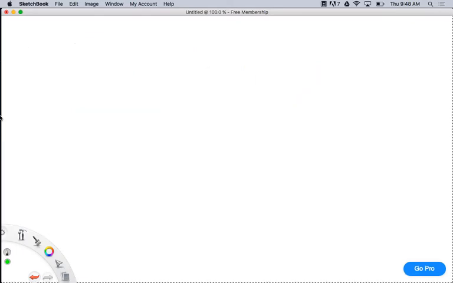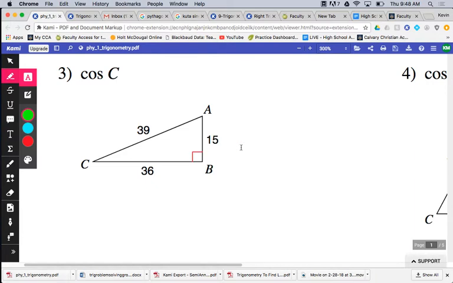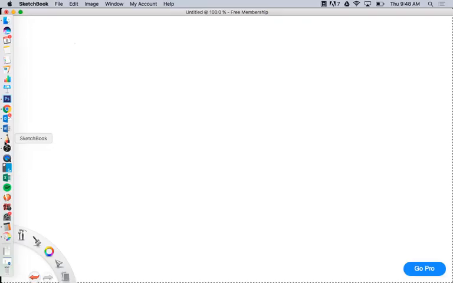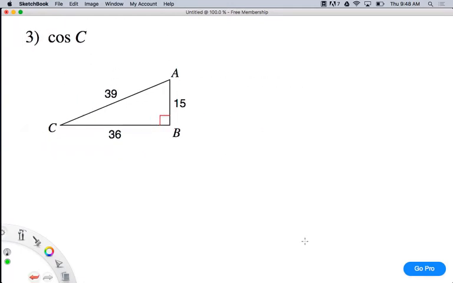Okay, so then next one, number 3. Obviously, I crossed out some questions on there, so you don't do them. The tan ones, yeah, exactly. So cosine C: first identify your angle. That's this. Cosine is adjacent over hypotenuse.